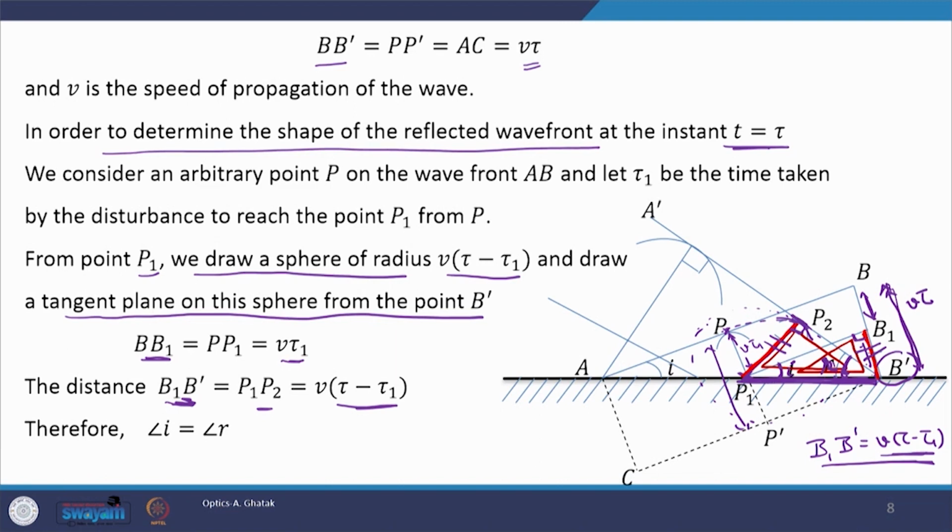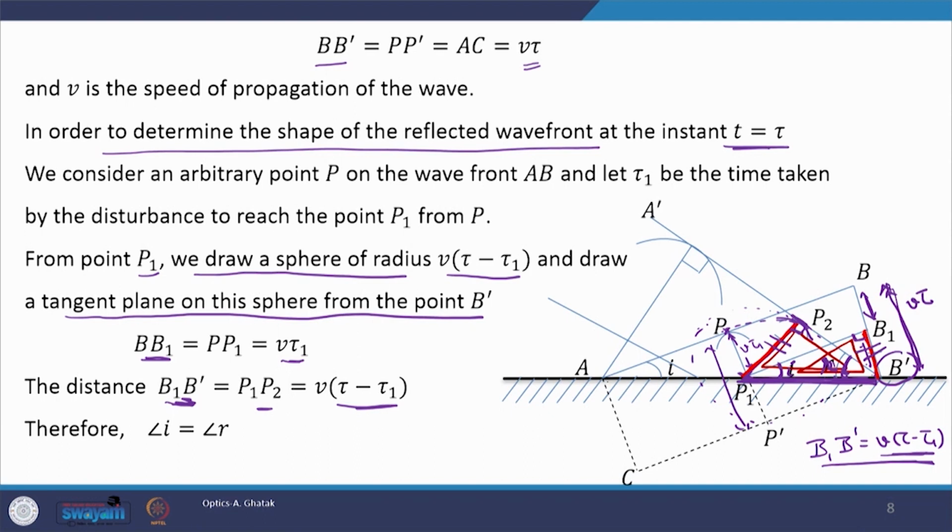Therefore, using Huygens principle, we again proved that the angle of incidence is equal to the angle of reflection, which is the law of reflection. And what did we use? We used only the concept of wavefront. We used only the Huygens principle.